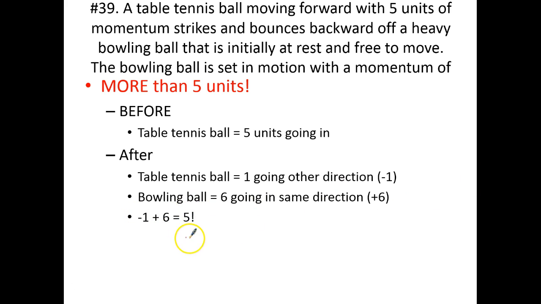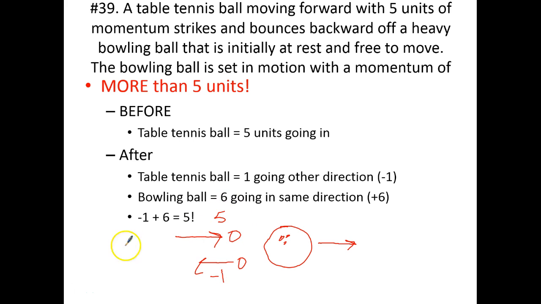To think about it a little bit better, the momentum of the ping pong ball on the way in is this way. And then on the way out, it's this way. So it's totally reversed. The bowling ball, on the other hand, has 0 momentum at first. So here, let's put the bowling ball. And then it goes in this direction and has 6 units of momentum going in this direction because it's got to offset the 5 going in and the -1 going out.